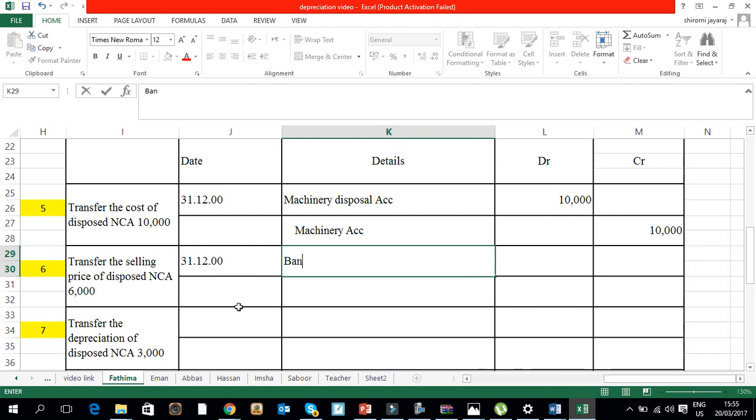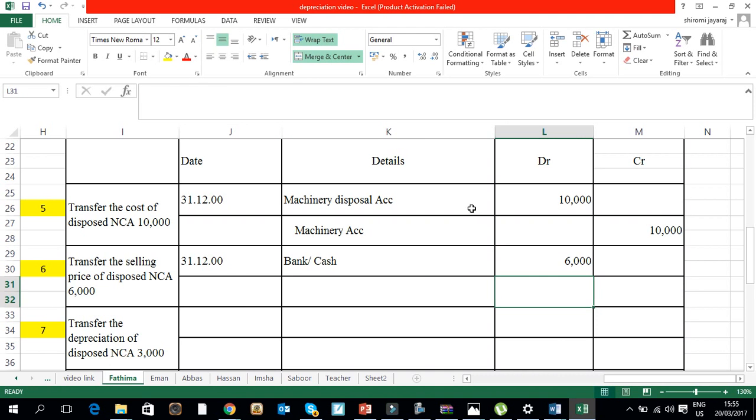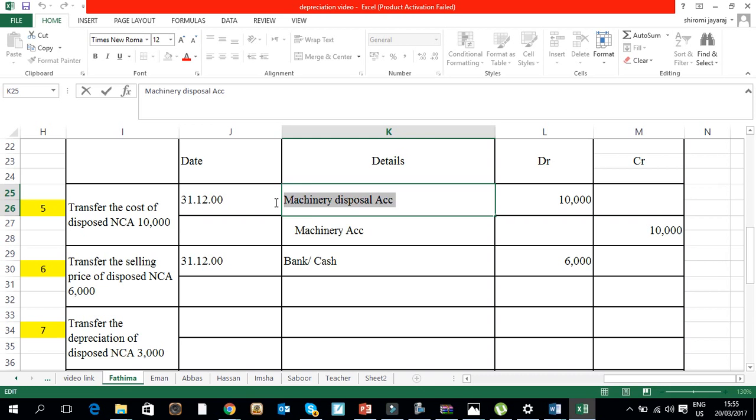When you sell, you receive cash or bank. Cash or bank debit by 6,000, and then machinery disposal account you credit by 6,000.